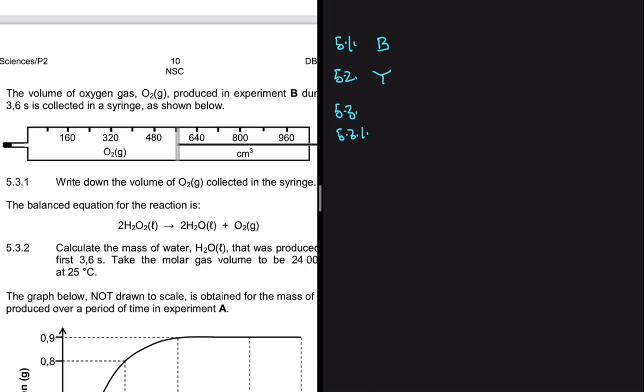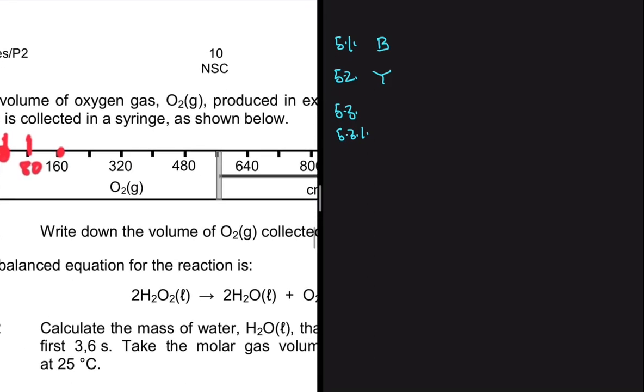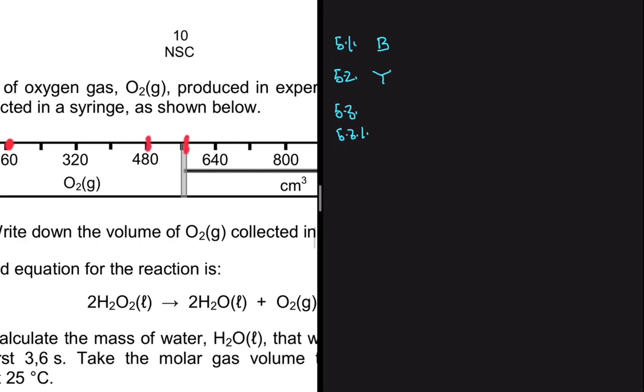Let me show you something. From this point here to this point, it's 160. So obviously from this point to this point should be half of 160, which is 80. So we know that one marker is 80 centimeter cube. From 480 to the point we're interested in, it's just a matter of adding 80 centimeter cube.